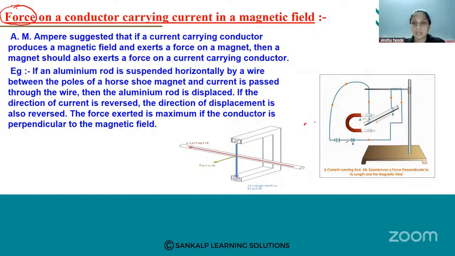See this image. Here we take one aluminum rod. This has two ends, side A and side B, right? This aluminum rod is suspended freely and it is suspended horizontally.